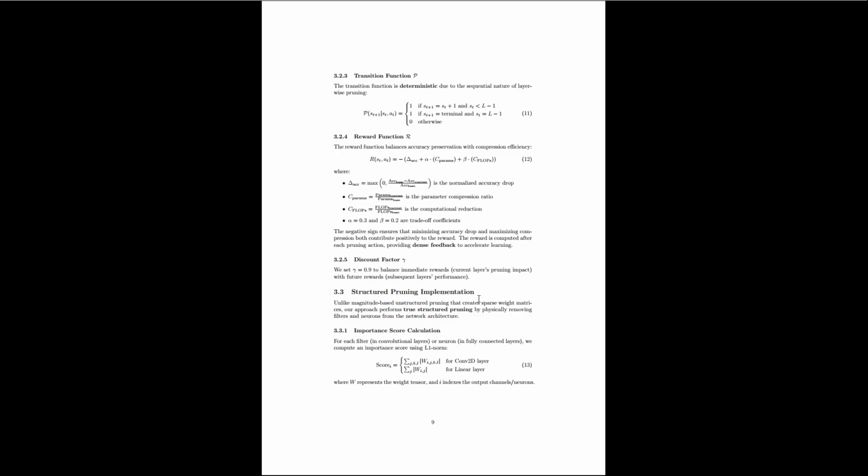We calculate the importance score for each filter or neuron, as you can see here, and then we choose the number of filters or neurons to be removed by multiplying p with N total.